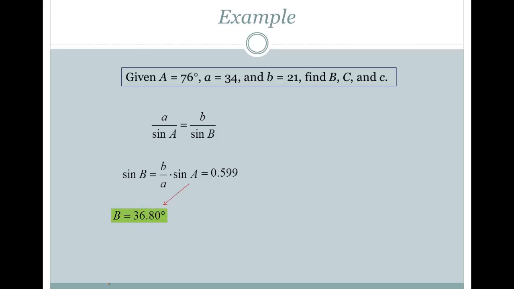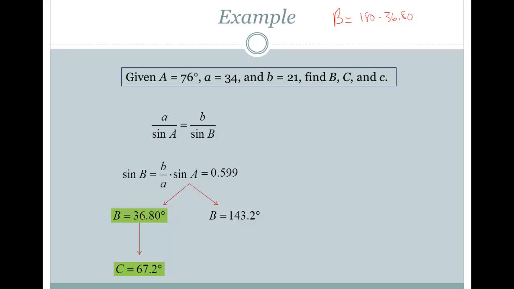Okay? And then if I do that, I can find C again because the sum of the angles in a triangle is 180. Now I also said you have to check for the ambiguous situation again because I have one angle and two sides. To find that other angle B, I can say the other angle B can equal 180 minus 36.80. If I do that, I get 143.2.